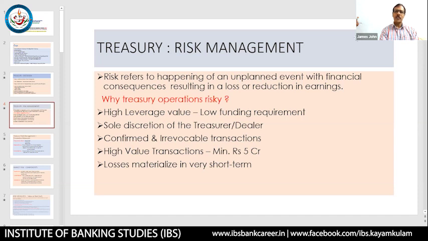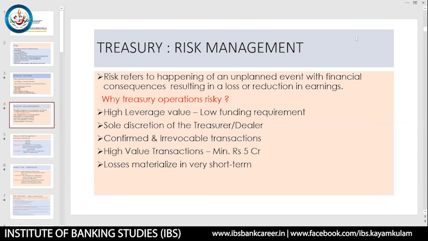Then confirmed and irrevocable transaction. That means when a transaction is put through, they cannot reverse it. Once the transaction is confirmed, suppose they said, I will buy 1 crore USD at 71 rupees. Transaction confirmed means they cannot go back. They have to buy. Or a dealer will say, I will sell this much security.